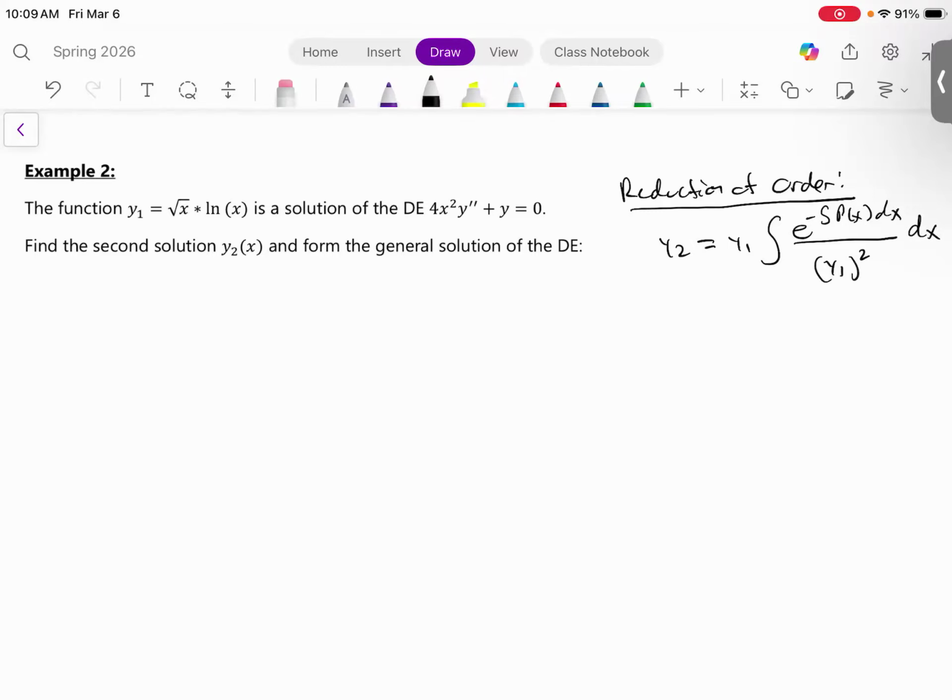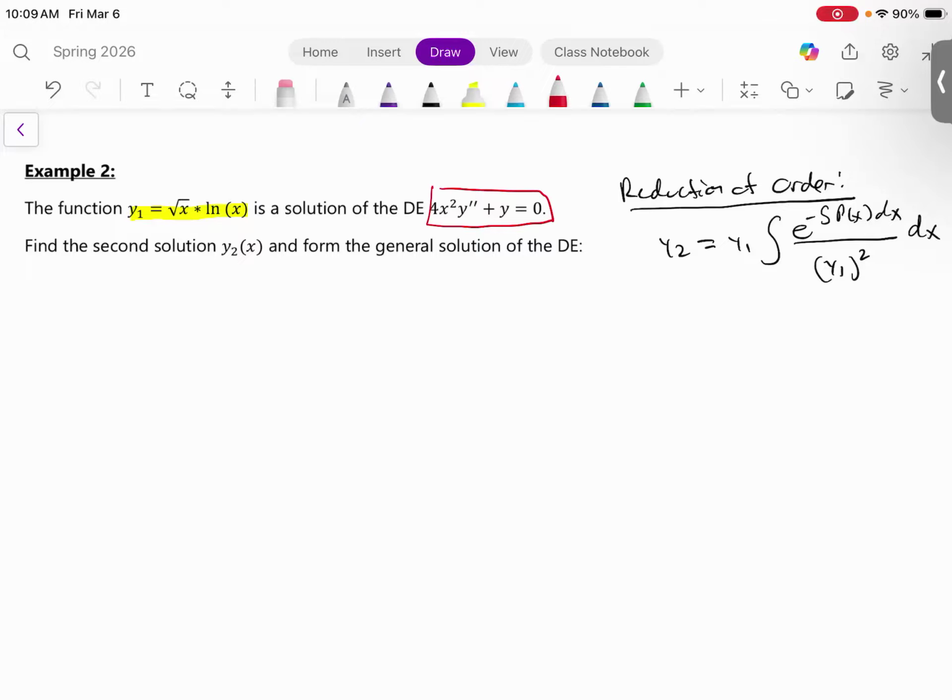In this video, we're going to take a look at another example where we need to use reduction of order to get a second solution to a second order linear differential equation. So in this example, we're given a solution to this differential equation, y1. y1 equals square root of x times natural log of x, and this is a solution to the second order differential equation 4x squared y double prime plus y equals 0.